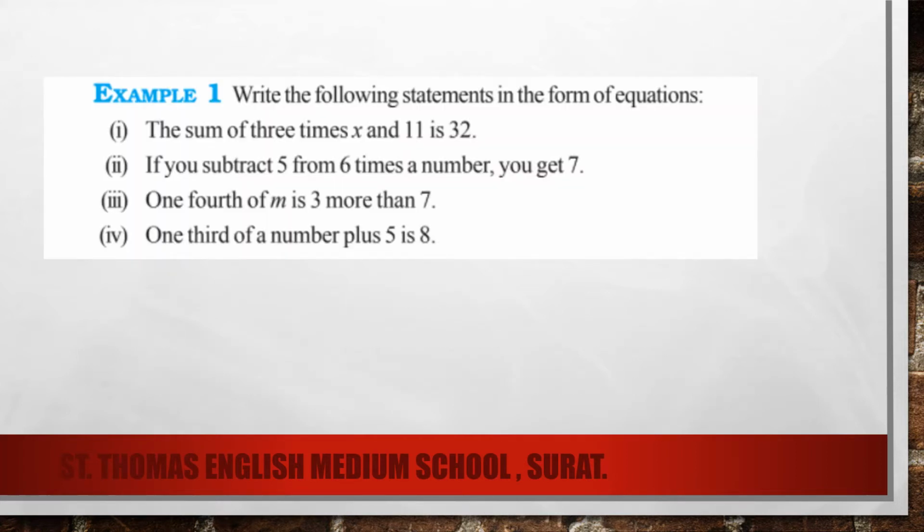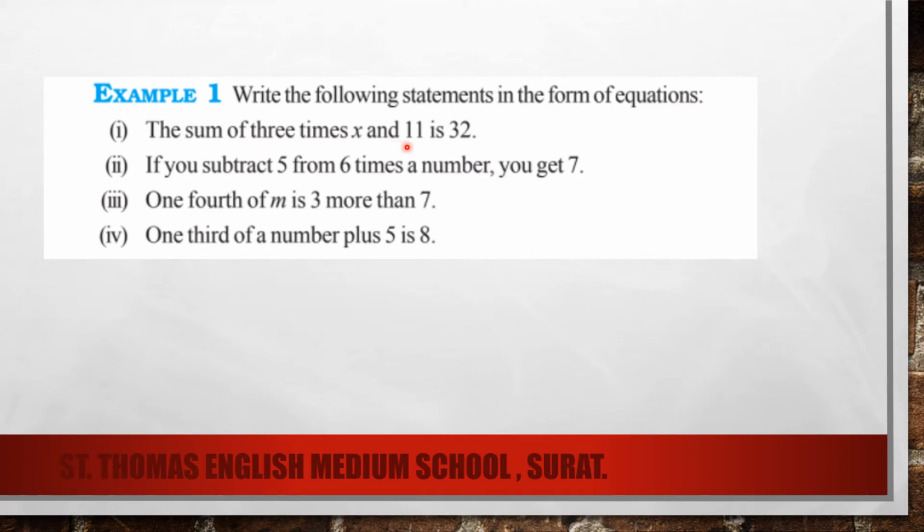Example 1, page number 79. You can see: write the following statements in the form of equation. Last year you have already studied how to form an equation and how to form a statement also. First one: the sum of 3 times x and 11 is 32.